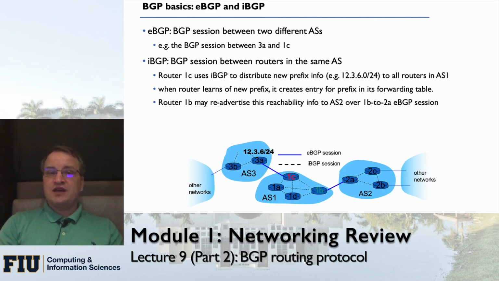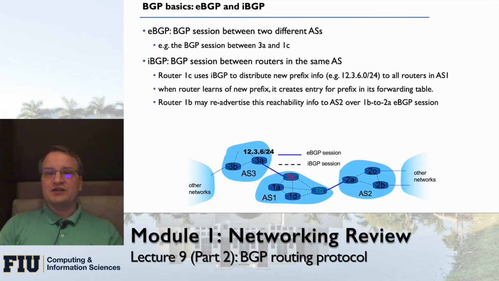And you have to have some form of synchronization between these routers in what information they have about external networks, which prefixes they know about internal stuff, and which prefixes they should advertise to the outside.